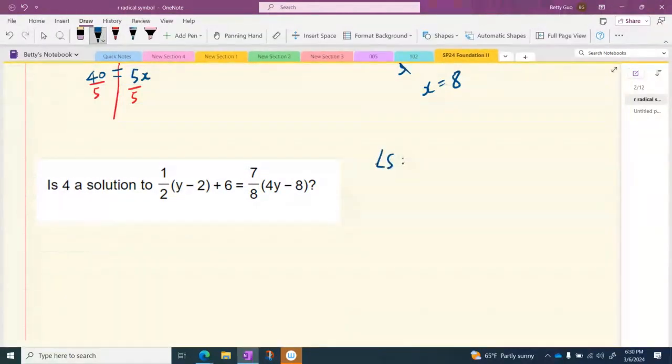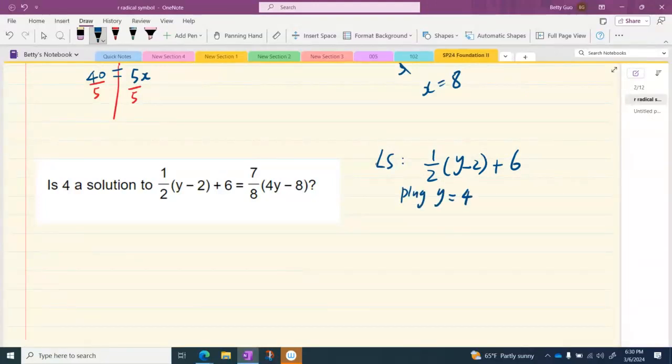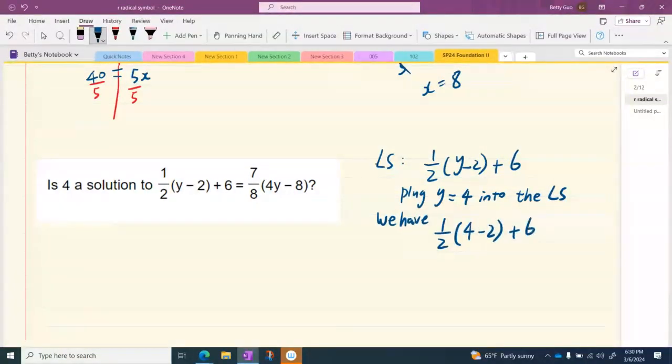So the left side is 1/2 times (y minus 2) plus 6. We're going to plug in y equals 4. 1/2 times, and y is 4, so 4 minus 2 plus 6.